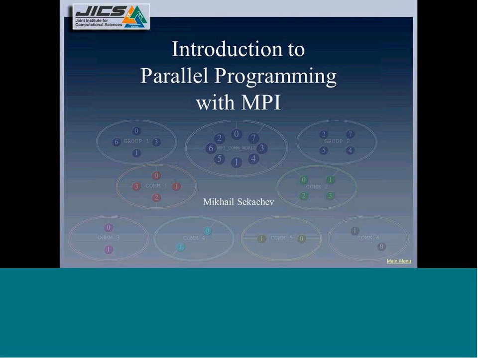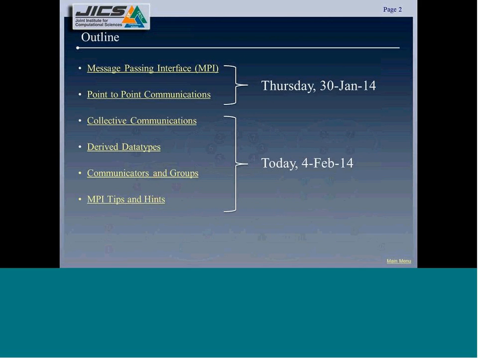I work for JICS, the Joint Institute for Computational Sciences, and today we are going to continue our discussion of programming with MPI. Last time, on Thursday, we talked about the Message Passing Interface in general, and also about point-to-point communication.